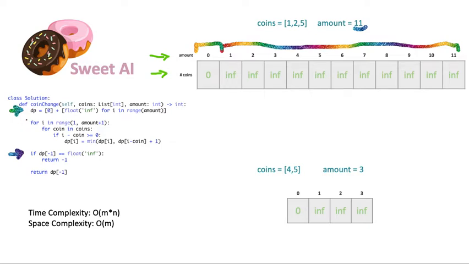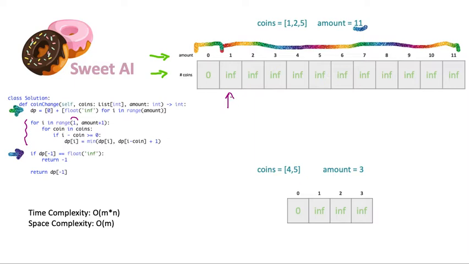So we are going to iterate over this array, and we start building this array from the smallest number until we get to the amount that we need to return. Because we know for value 0 we need 0 coins, we can eliminate that and start from index 1, right?